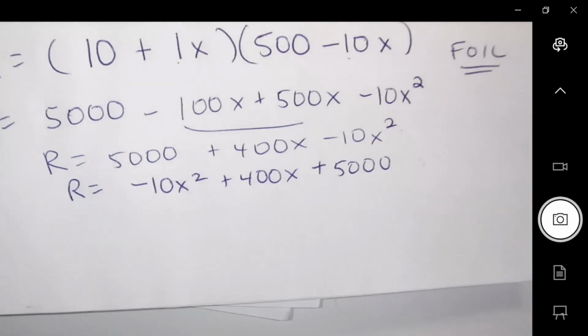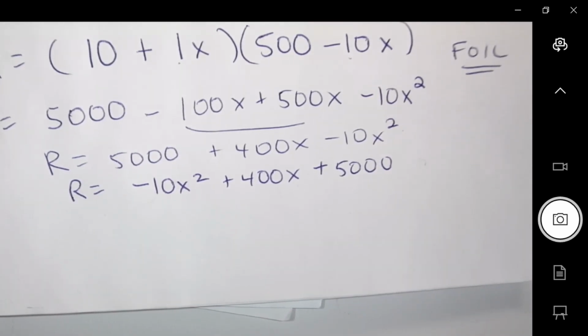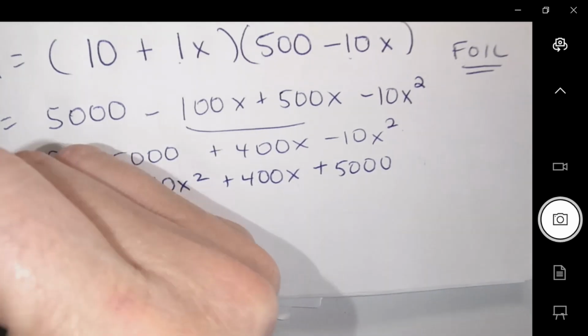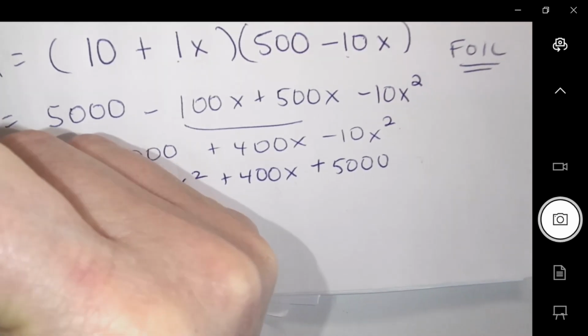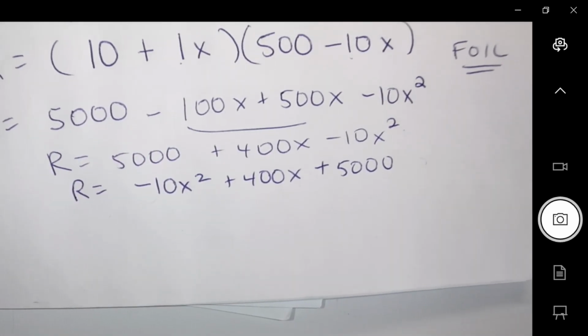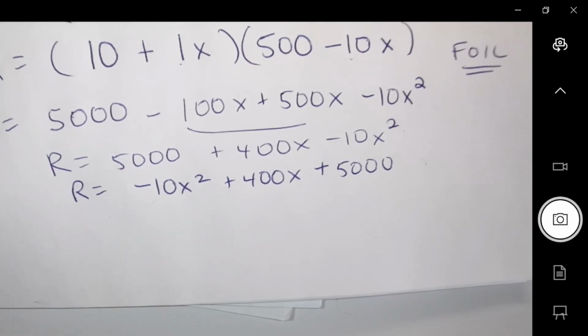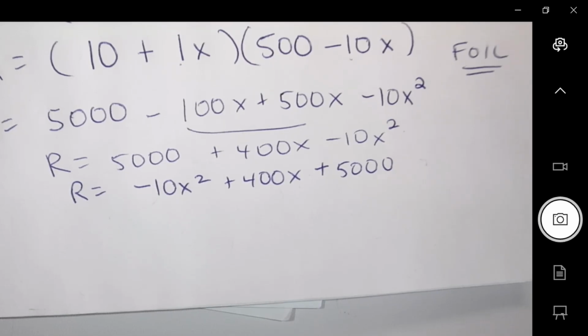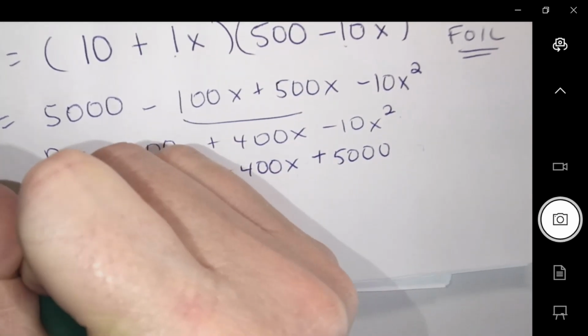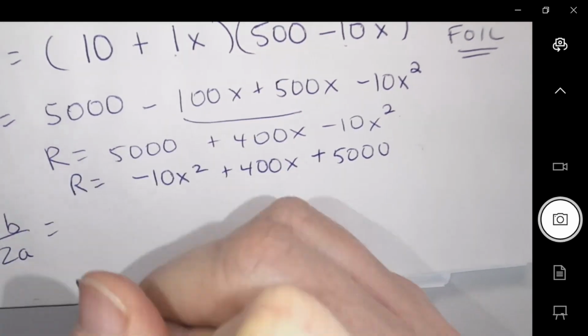Okay, now what? We're trying to find the max revenue. How do we find a max? You find a vertex. How do you find a vertex when it looks like this? Negative b over 2a.